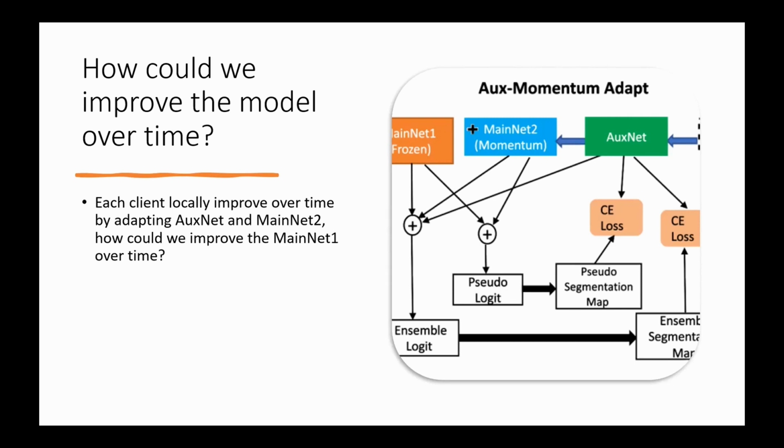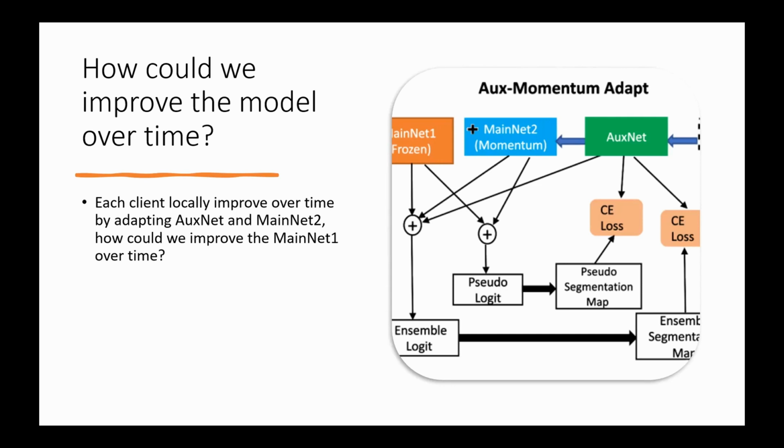So probably what I have to do is send mainnet 2 and AuxNet of each of these, let's say, vehicles to some server, and then obtain some global mainnet 2 and AuxNet.